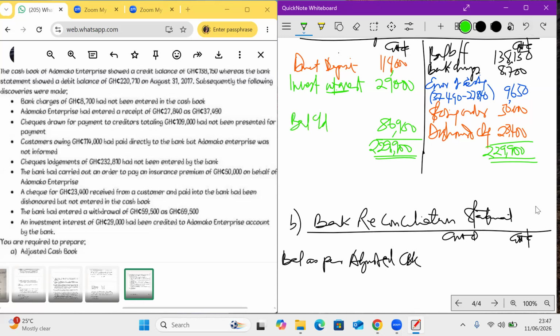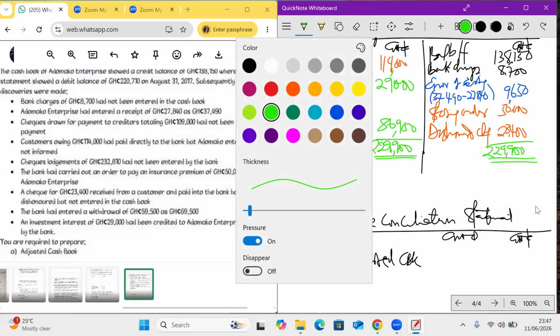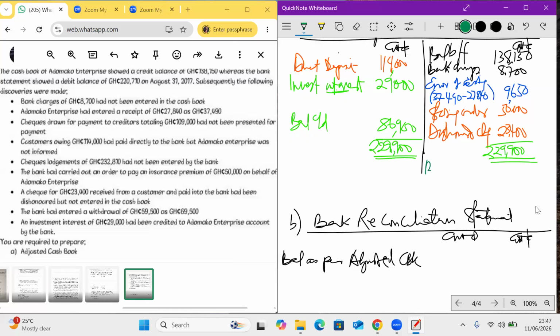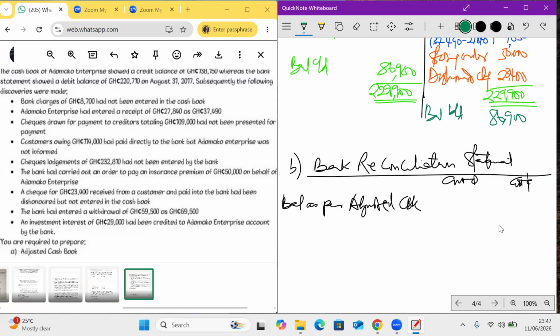Balance brought down. Where? Added on the credit side down there. It's 6,900. Then balance brought down.